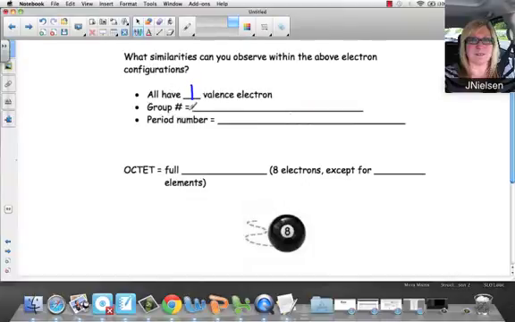Group number equals the number of valence electrons, as I showed you a couple slides ago. The period number equals the number of principal energy levels, or electron shells.